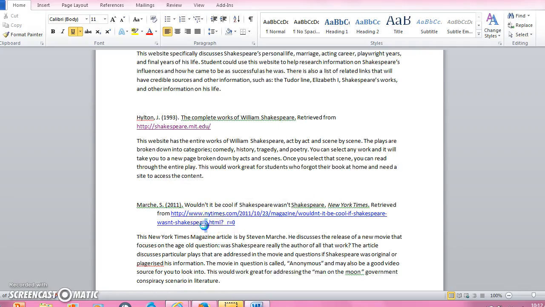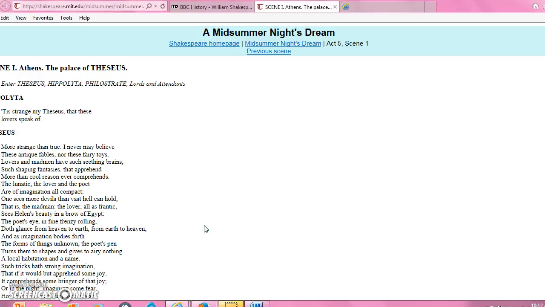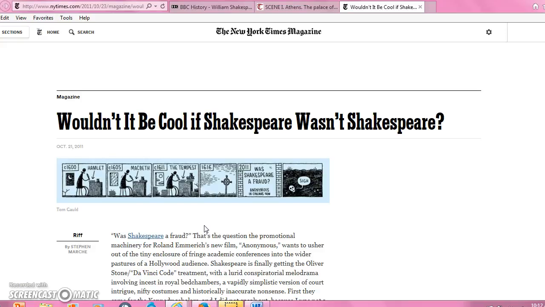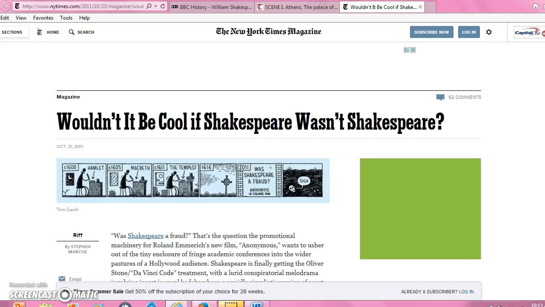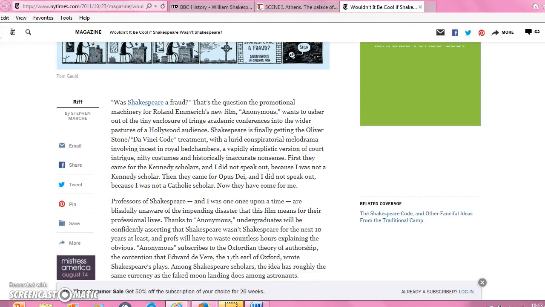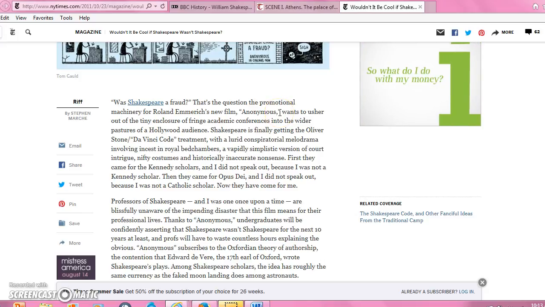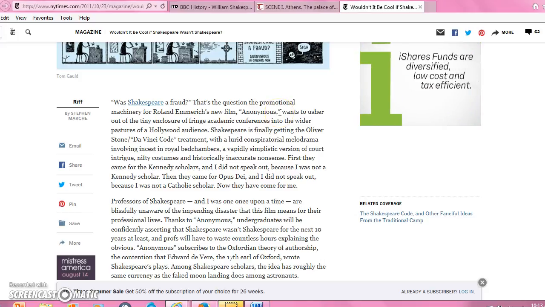Alright, the third one addresses this idea that you guys have been talking about in class: was it really Shakespeare that created all this, or did he just plagiarize from somebody? So this is a New York Times article by Stephen March, and it's basically looking at this movie that came out called Anonymous. It might be a movie you want to watch just so you can get a taste of what our culture and time period thinks of this Shakespeare stuff.